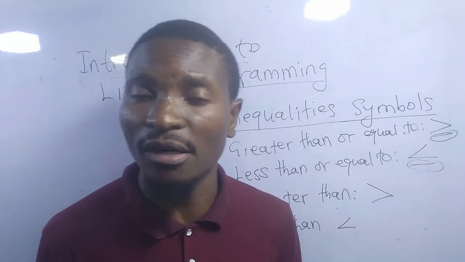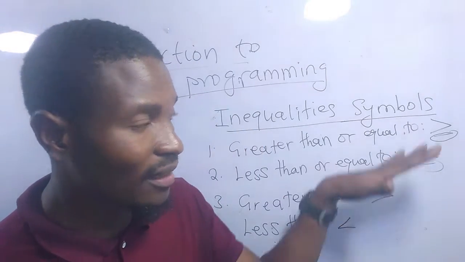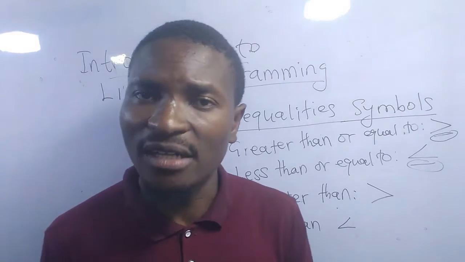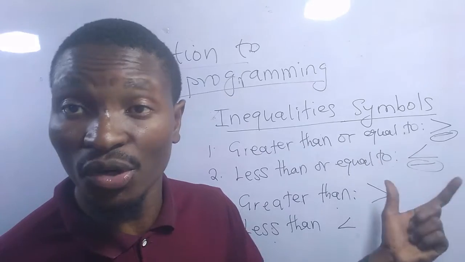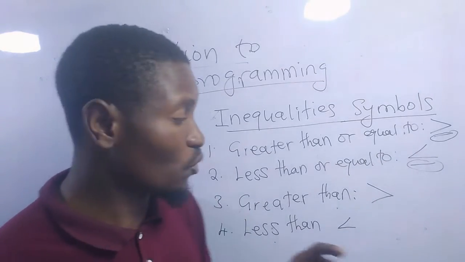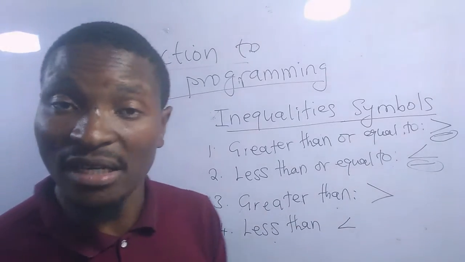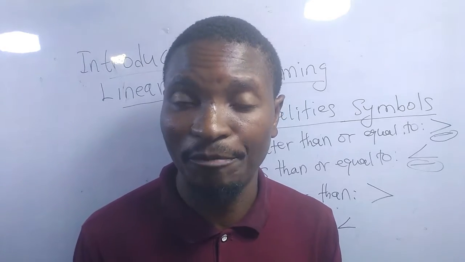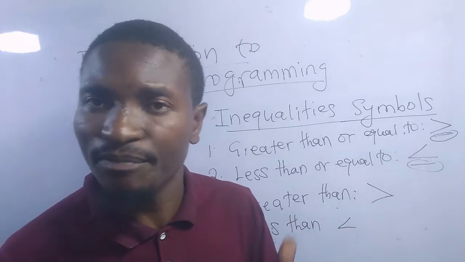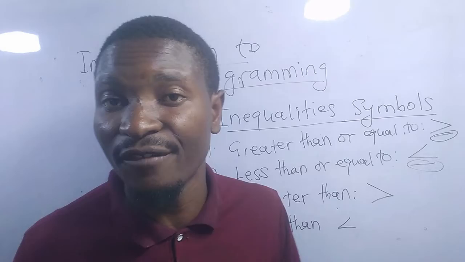So we are going to do about 2 examples for each of the symbols that I've just pointed out, so that we see the actual meaning of greater than or equal to, less than or equal to, greater than, and lastly, less than. And then in the next video, we shall start to get a bit more advanced in terms of the shading part of the graphical work.